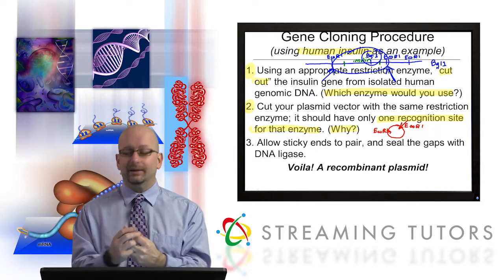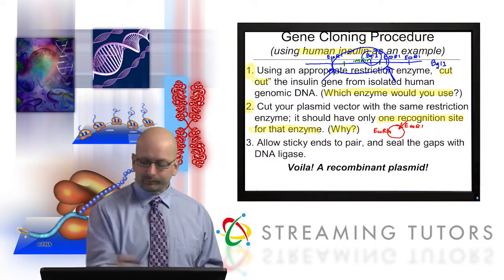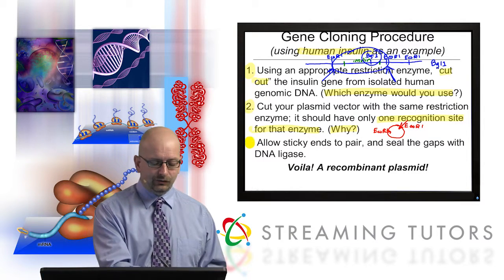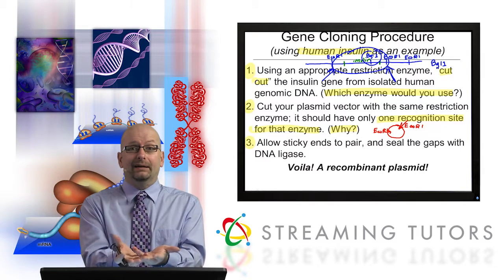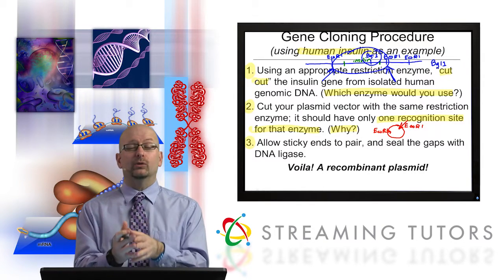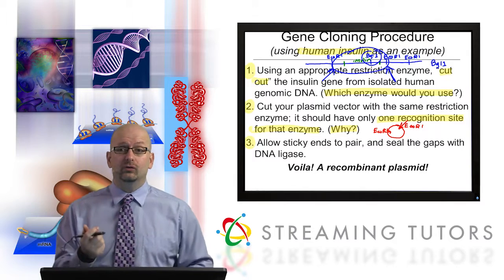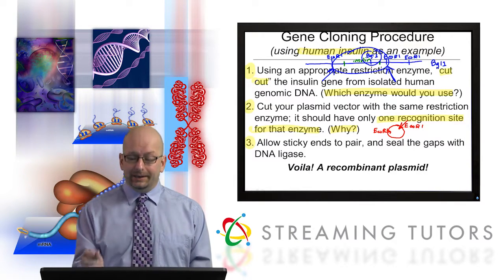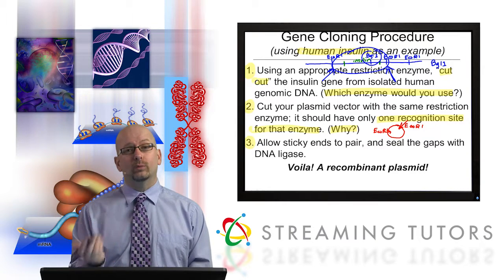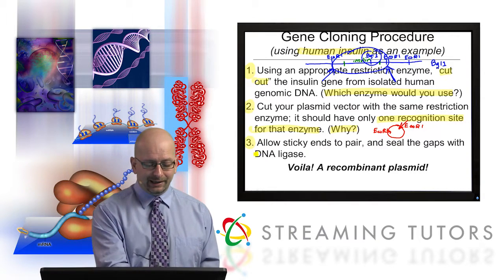But that's the idea. Then you allow the sticky ends to pair. What you're really doing is just putting it in and letting it sit there. You can't see what's going on, but you can test later to see if the outcome you desired actually occurred. Now, the third tool we need is one we've already heard about, which is DNA ligase.